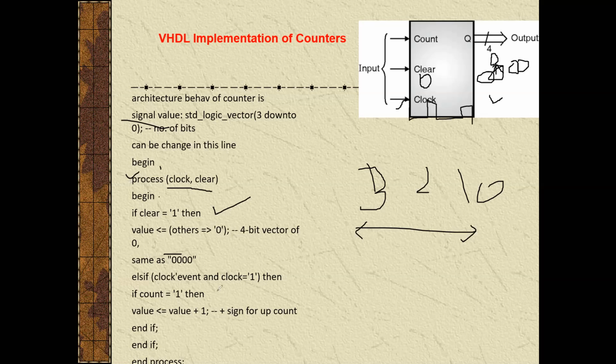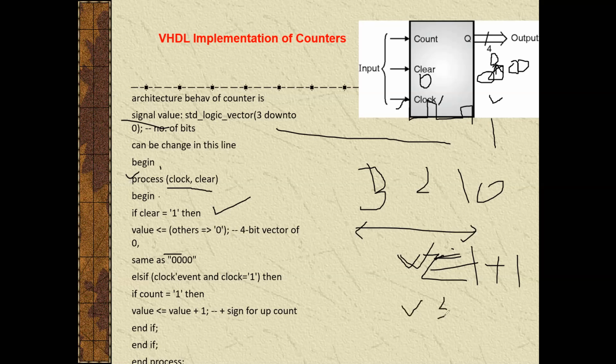So if the clock is high, then if the BCD count is 1, then the value is incremented by 1 at the particular clock, and this will be assigned to the value.